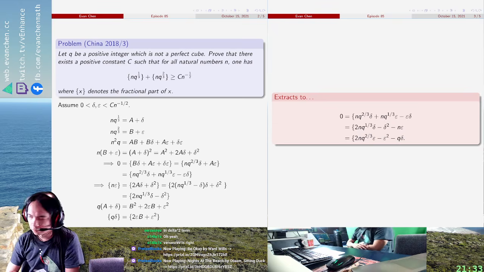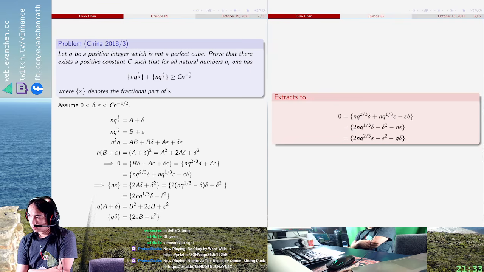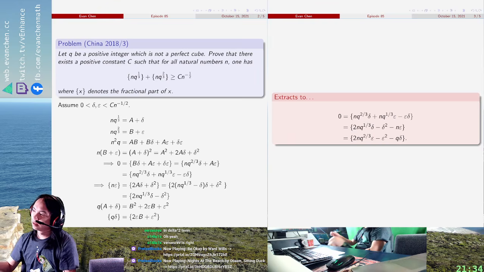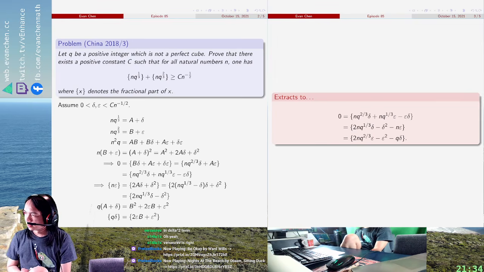Do these look not compatible for some reason? So basically the point is that all of these things are integers, and epsilon and delta are small. Why does that matter?